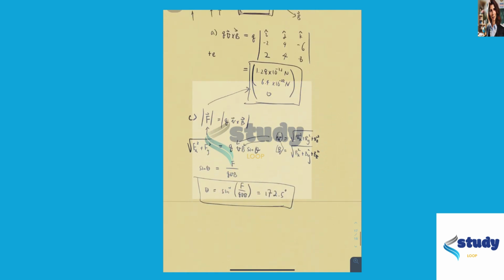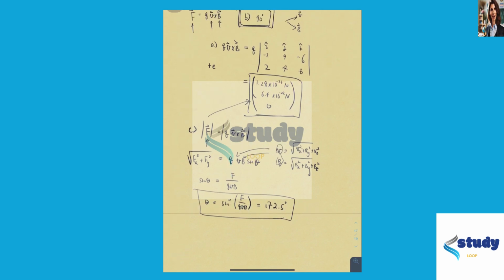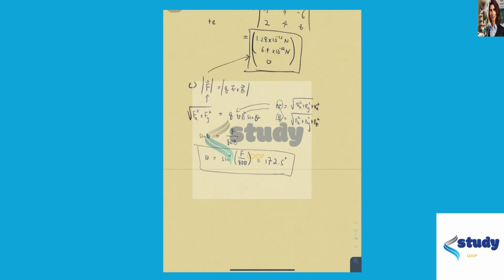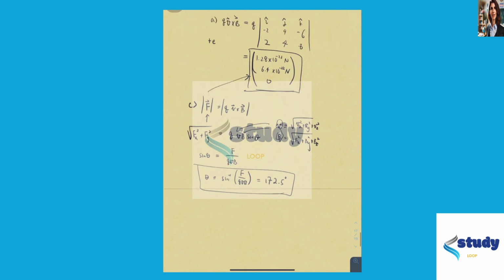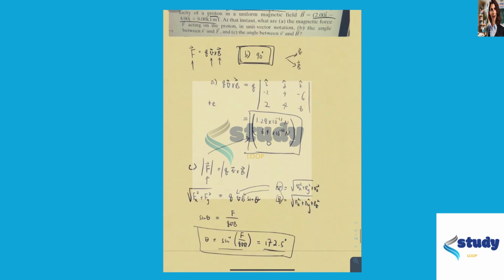This is the numerical result. What I have shown you is a symbolic set of expressions. I did not bother to plug in the numbers because that's trivial. When you're done evaluating this expression, you will find this angle.